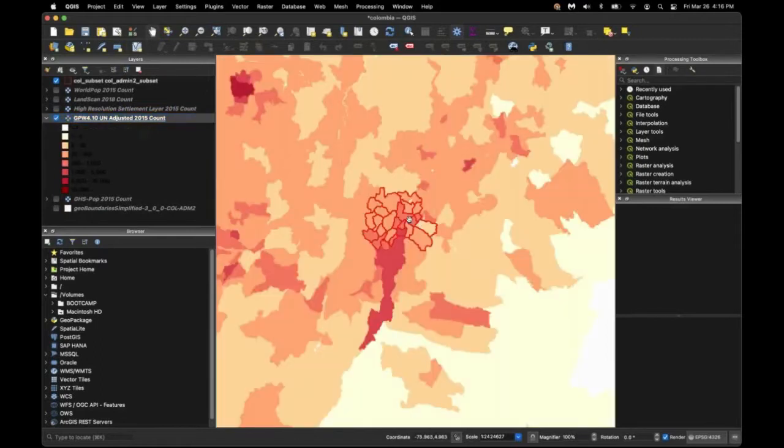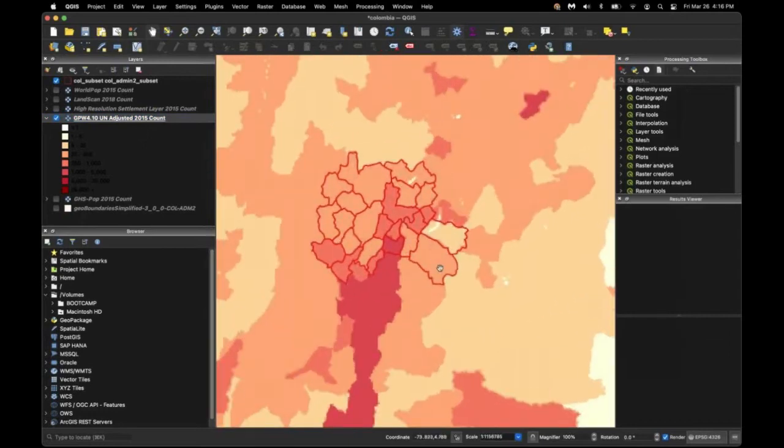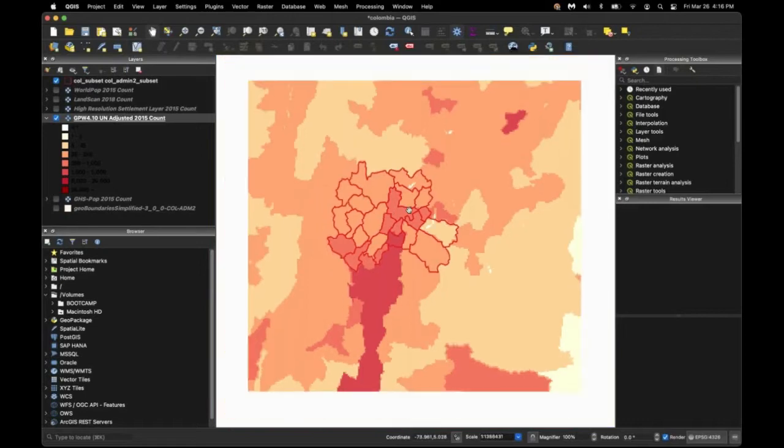There it is. So if you look at the admin units that I'm using here, they're from geoBoundaries. You can see that they actually match the census units that were used in GPW to do that proportional allocation. So doing a sum here would just give me the total pop per admin unit based on the GPW census pop, which is not necessarily a terrible thing.